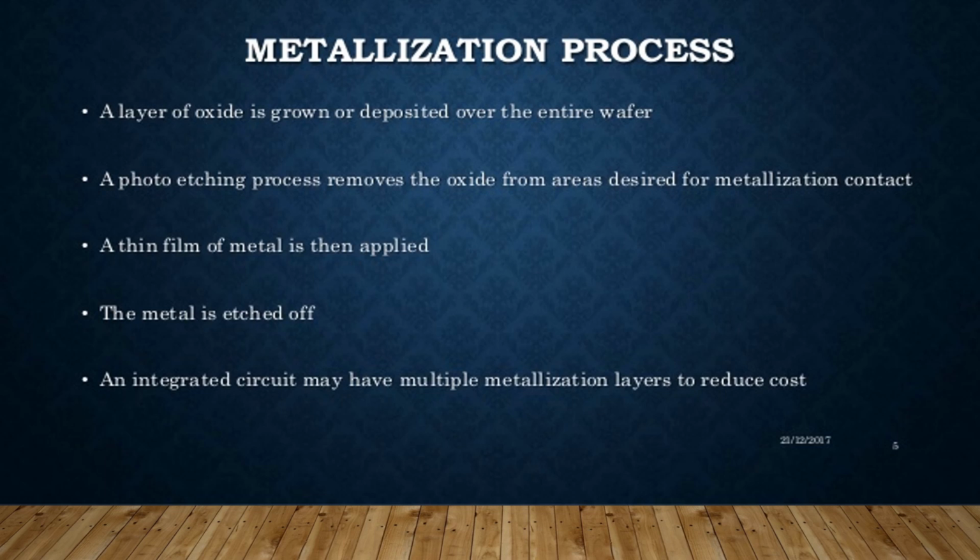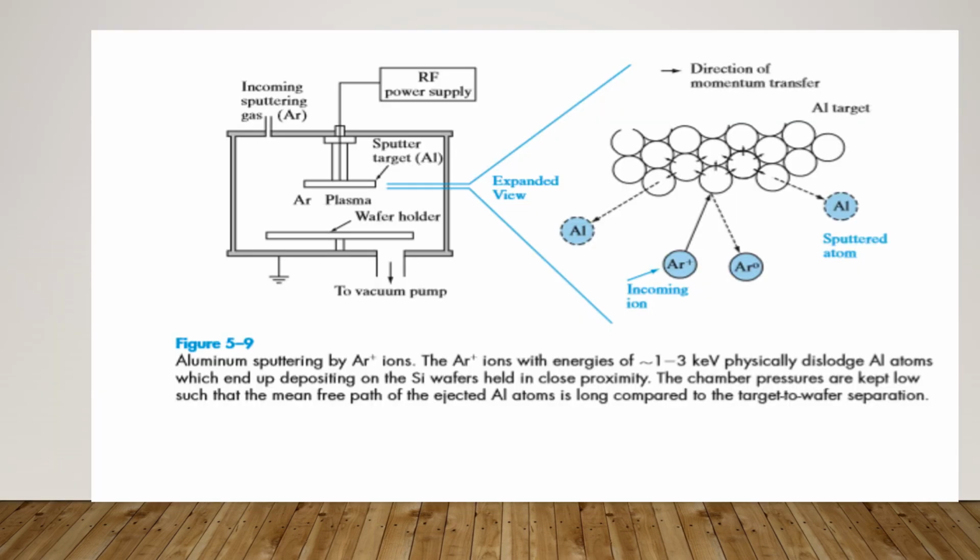A photo etching process removes the oxide from areas desired for metallization contact. Then a thin film of metal is applied. The metal is etched off. An integrated circuit may have multiple metallization layers to reduce the cost. So this is how metallization takes place.